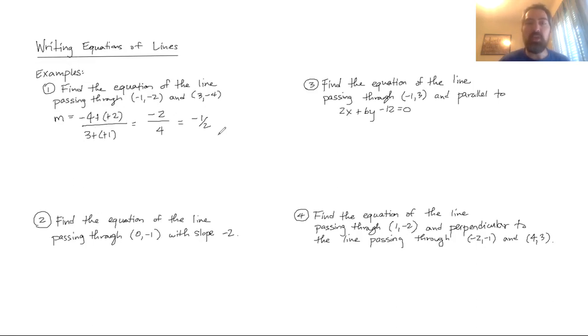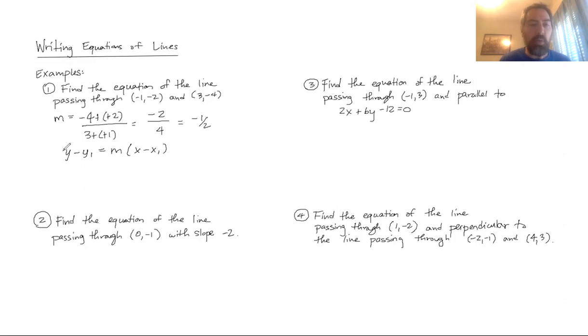Now we can use the point slope form to find the equation of the line. We only need one of these points. Doesn't matter which one that we choose. I'll just choose the first one, (-1, -2). You could just as easily have chosen (3, -4), and you may want to try this using (3, -4) just to make sure that we do get the same equation and that in fact it doesn't matter which point that we use.